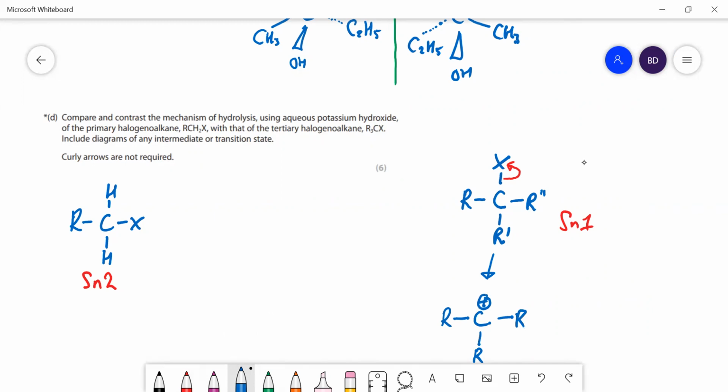That's very reactive, and then that is going to react very quickly with OH minus ion from the potassium hydroxide that's hanging about, and it's going to form the alcohol. Okay, so we're going to get a carbocation, definitely say that word, carbocation intermediate.